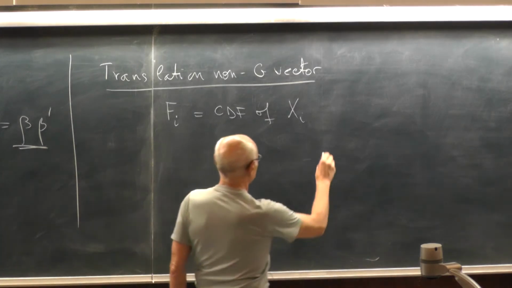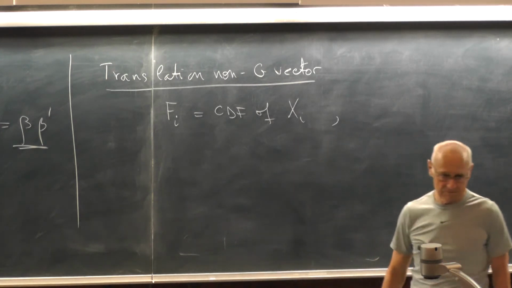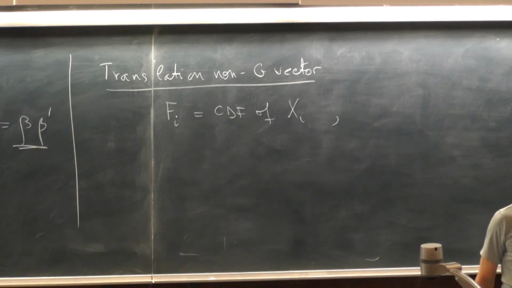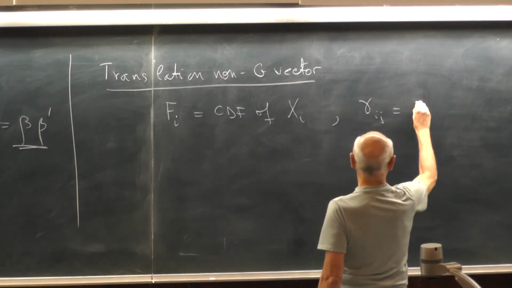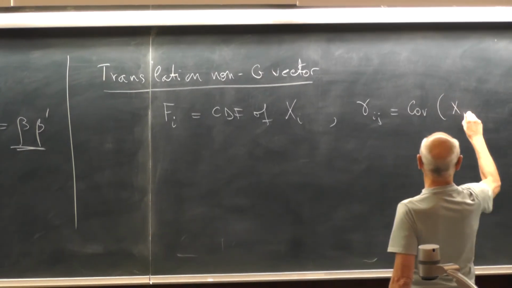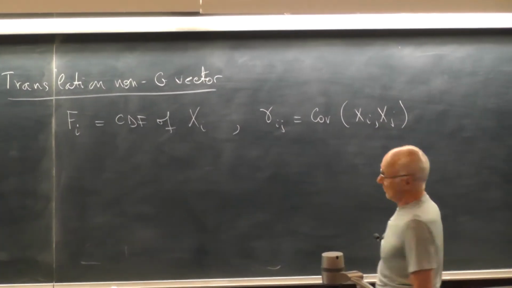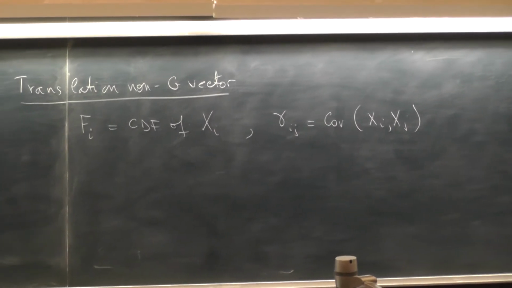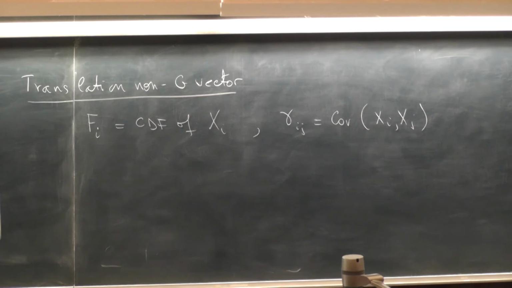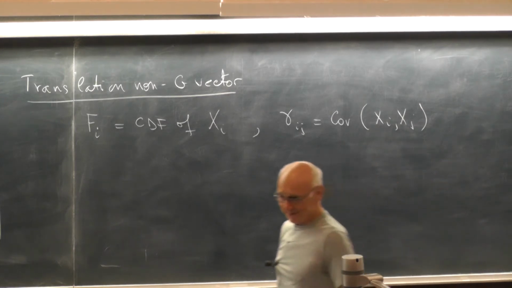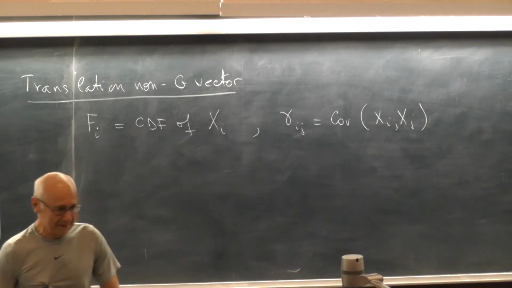And you also specify the covariance matrix of X. So this is the covariance between the components of X, the entry ij of matrix sigma. So this is what you want. And let's see what you can get. Because in life it's not always you get what you want. You get what you can.